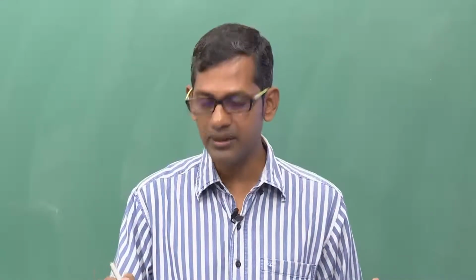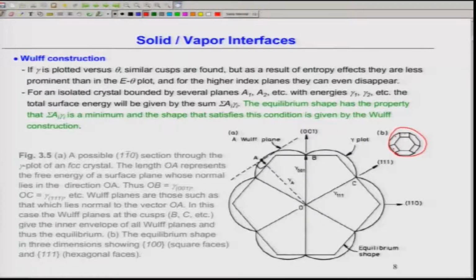The crystal is bounded by many surfaces, you see here so many surfaces. For each surface I can do the similar analysis and find out the interfacial energy between solid and vapor as a function of theta. Then I can plot. The outside plot you see here is a two dimensional plot. Remember, the crystal is 3D, but it is a 2D plot just to make sure that you understand things.